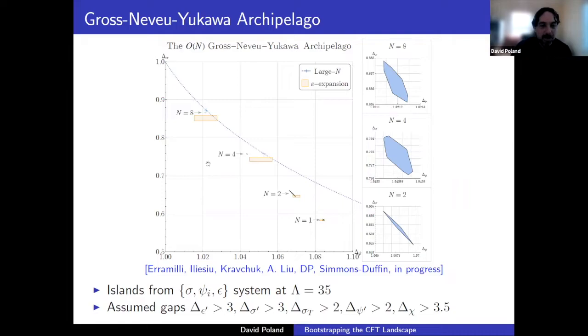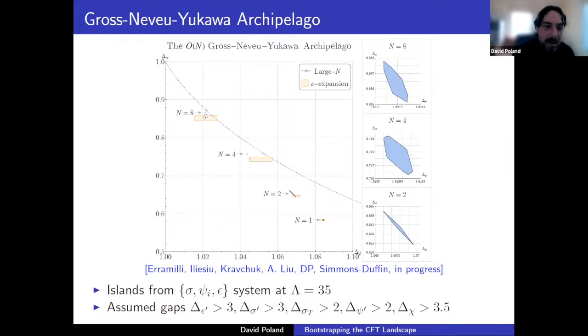This is showing the delta psi, delta sigma plane. For different values of N, we were able to successfully compute small bootstrap islands using this sigma psi epsilon system, and some gaps in the spectrum motivated by the large N estimates in this equation of motion and delta chi.